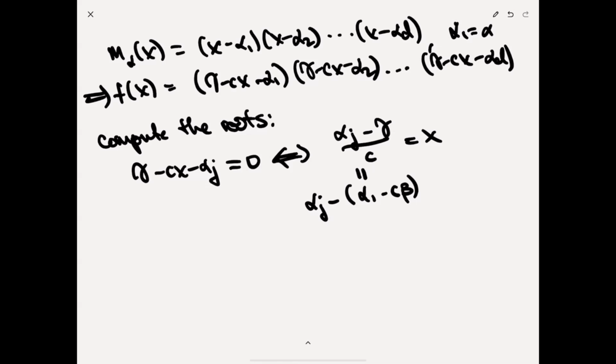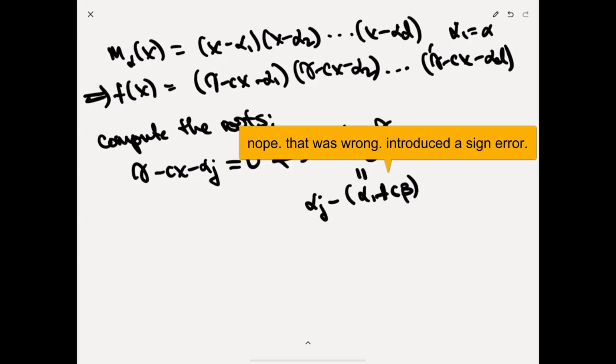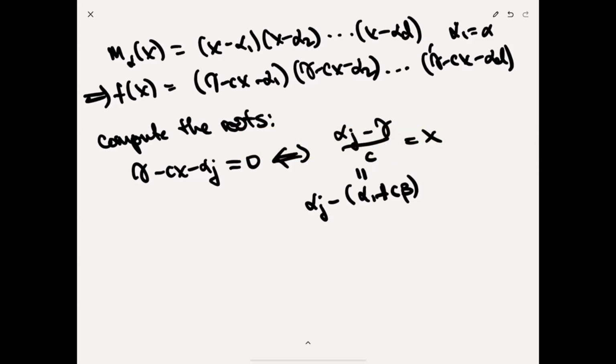Applying the definition of gamma, which is alpha 1 plus c beta, this thing divided by c is equal to alpha j minus alpha 1 divided by c minus beta.